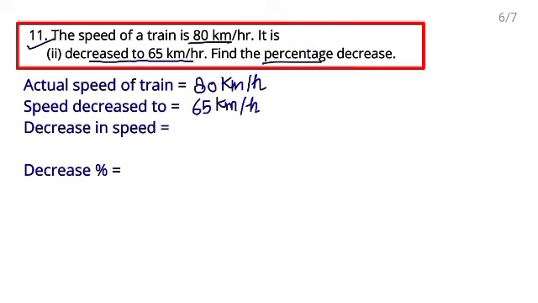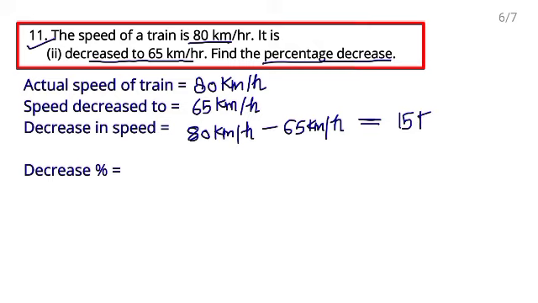They are asking to find the percentage decrease. Okay, so the decrease in speed we can find from 80 kilometer per hour, subtract 65 kilometer per hour, right? This is equal to 15 kilometer per hour.